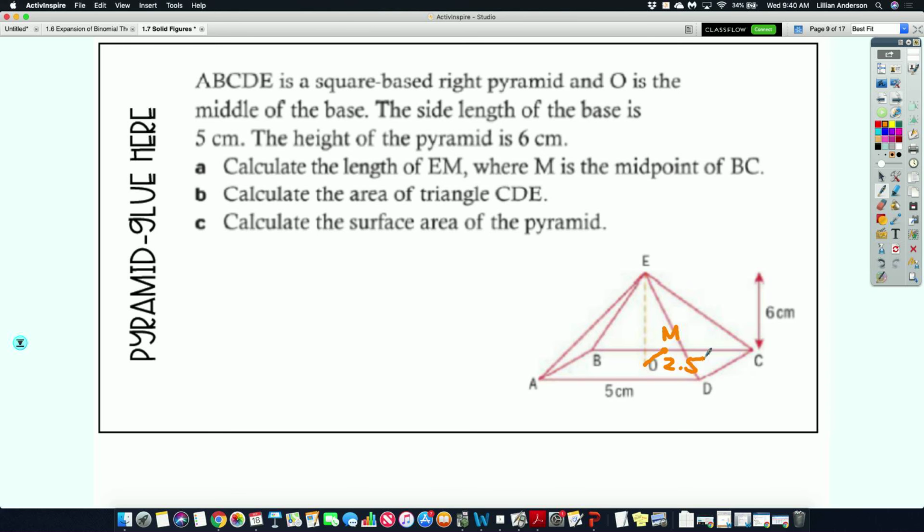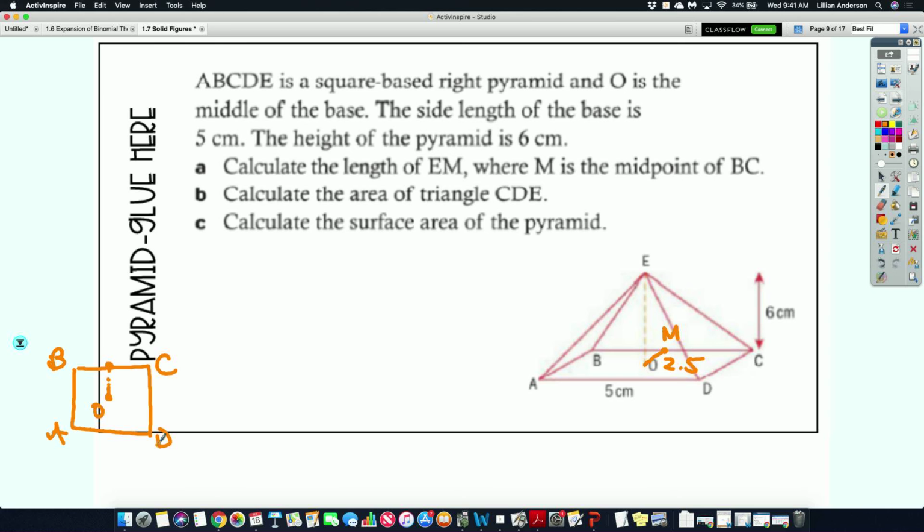Because if I take this from 3D to 2D, that is a square base where BC is 5, M is the midpoint, and O is located smack dab in the middle. And if it's located smack dab in the middle, it is still halfway along each one of those sides.